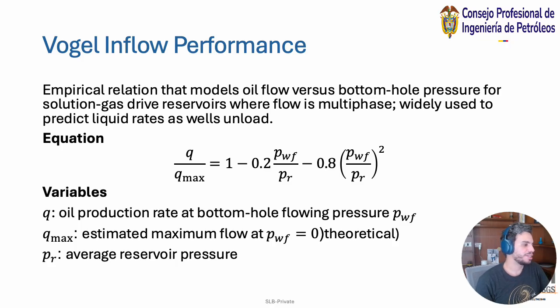Q max is the estimated maximum flow at PWF equals 0. So that's your theoretical Q max, or what you expect through calculation for your flow rate to be. And finally, you have PR, which is the average reservoir pressure, which I believe we've already defined.